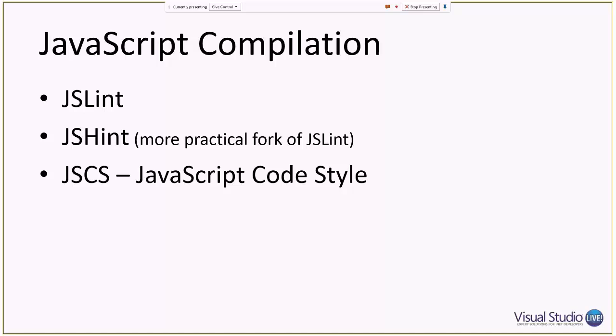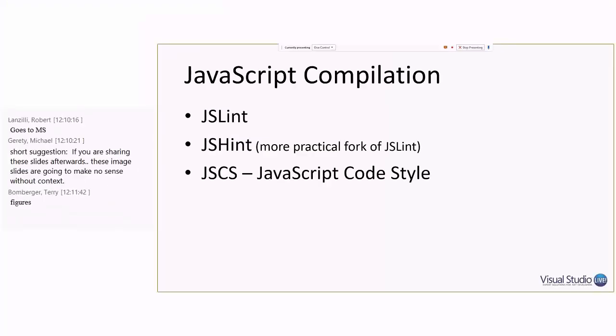So another product came along, JSHint, which is a much more practical fork where you can use this as a bit of a compilation engine and have your code completely clean of any issues as you write it. The last one I want to mention here is JSCS. This is a JavaScript code styling engine, which allows you to verify that your team's style guidelines for your code are maintained.